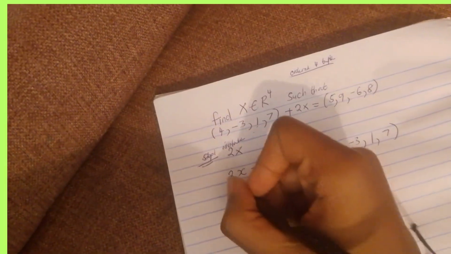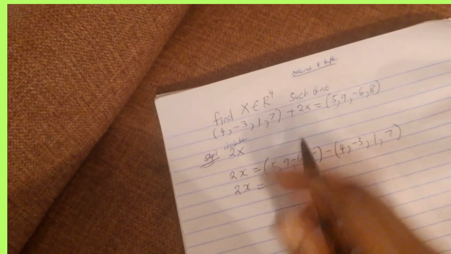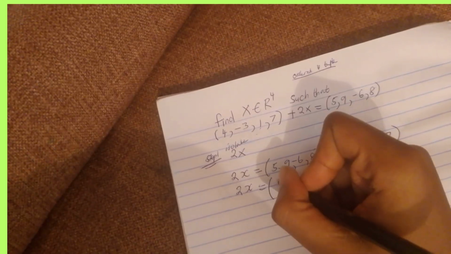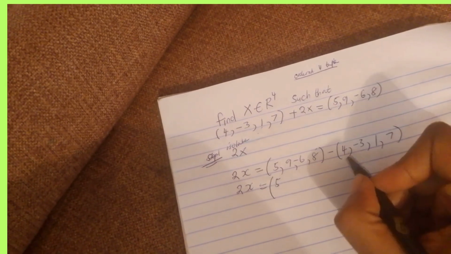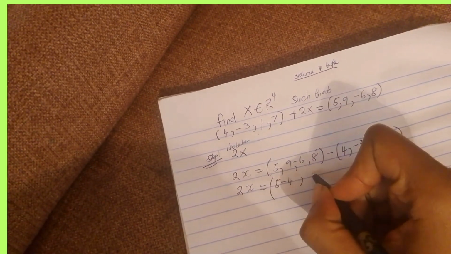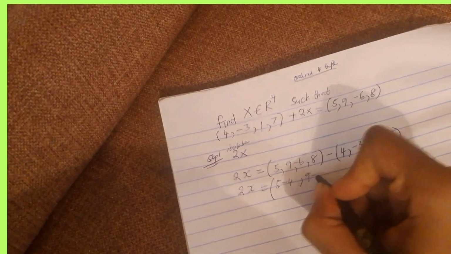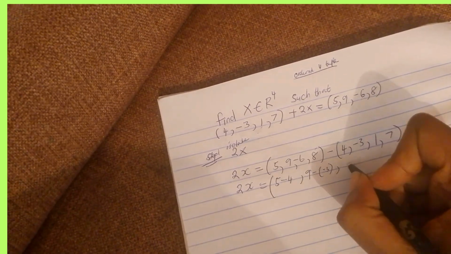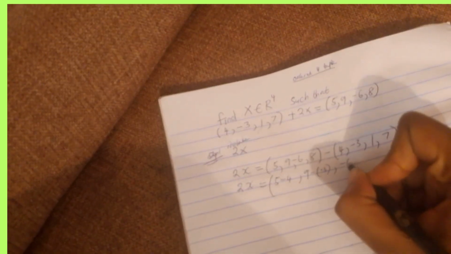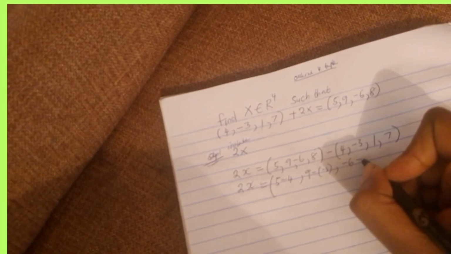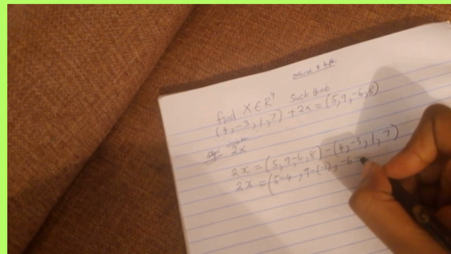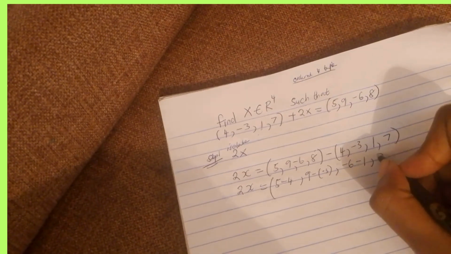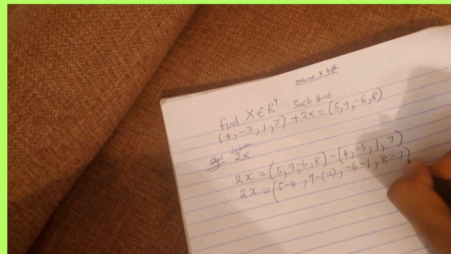So we would have to work this out, whereby just imagine it to be 5 minus 4, 9 minus 3, and then negative 6 minus 1, and then the last one, 8 minus 7.